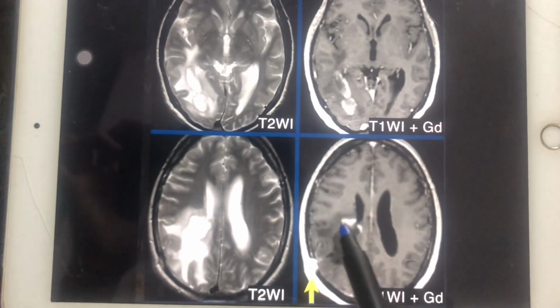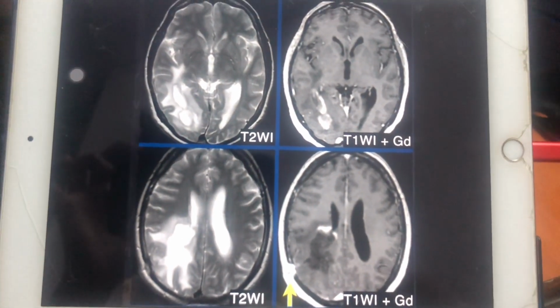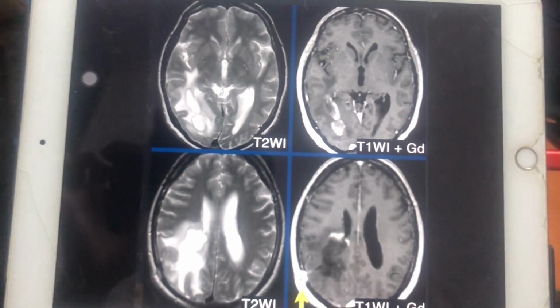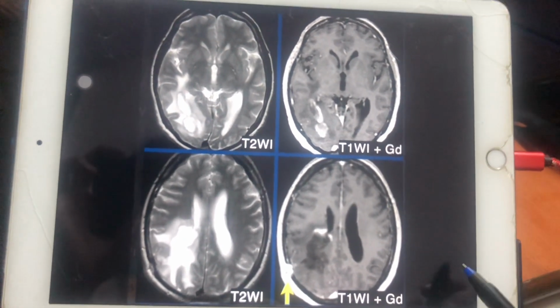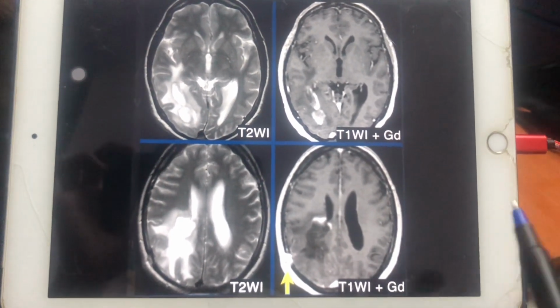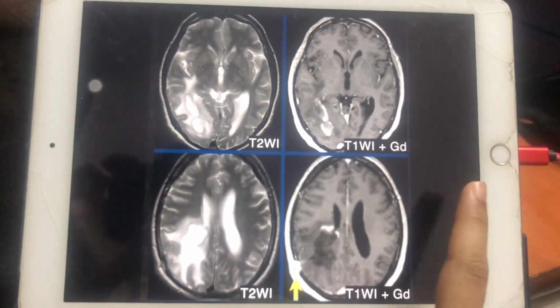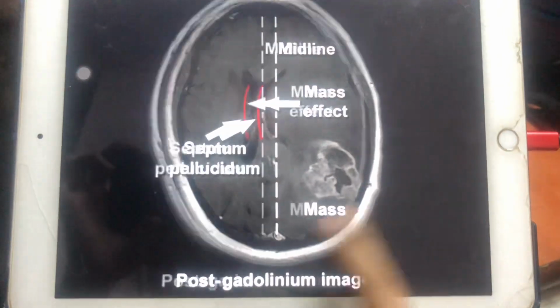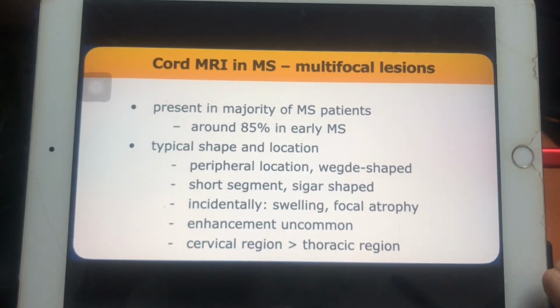Here it is incomplete enhancement. That is called an open ring type of enhancement, and this is called tumefactive demyelination in MS. Alright, so that is an important thing that we have to differentiate from a brain tumor, and it can look very similar. Alright, so now we come to spinal cord involvement in multiple sclerosis.